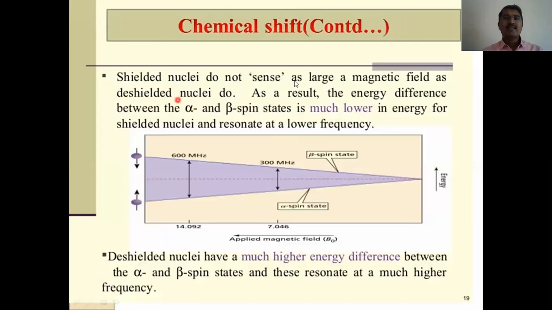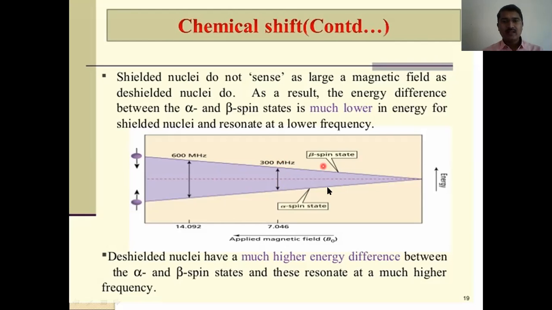Shielded nuclei do not sense as large a magnetic field as deshielded nuclei do. As a result, the energy difference between the alpha and beta spin states is much lower for shielded nuclei, and they resonate at lower frequency. You can see here 60 megahertz, a small difference, and 300 megahertz, a large difference.